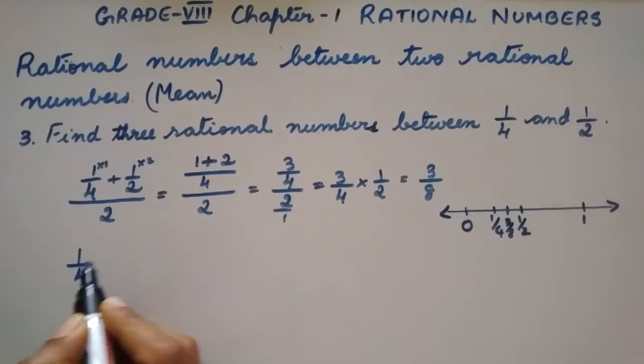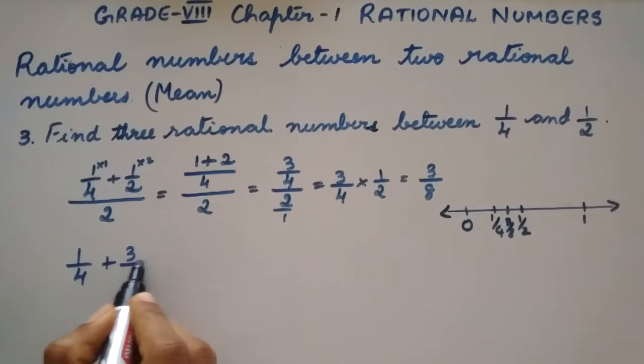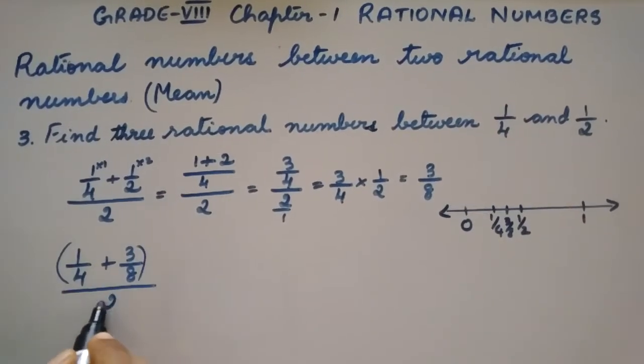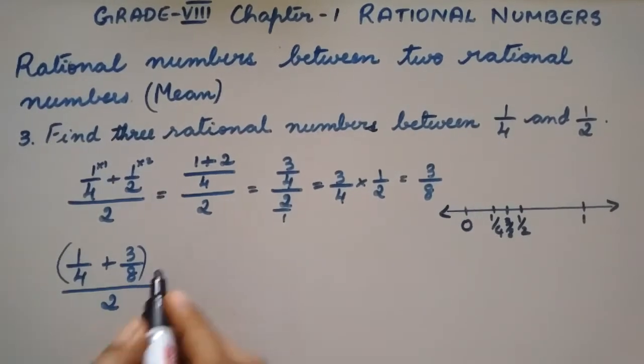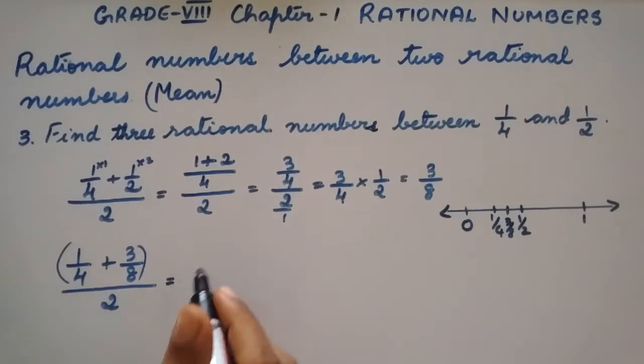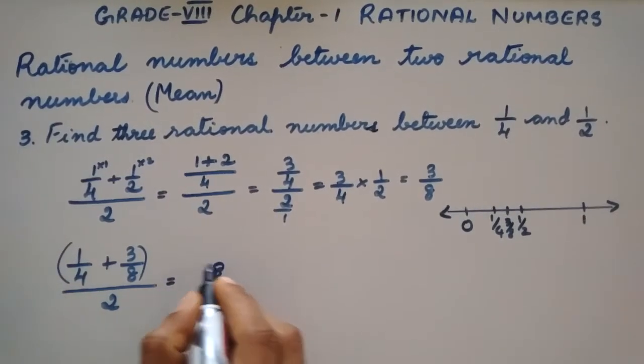1 by 4 plus 3 by 8 divided by 2, which is equal to, so the LCM of 4 and 8 is 8.